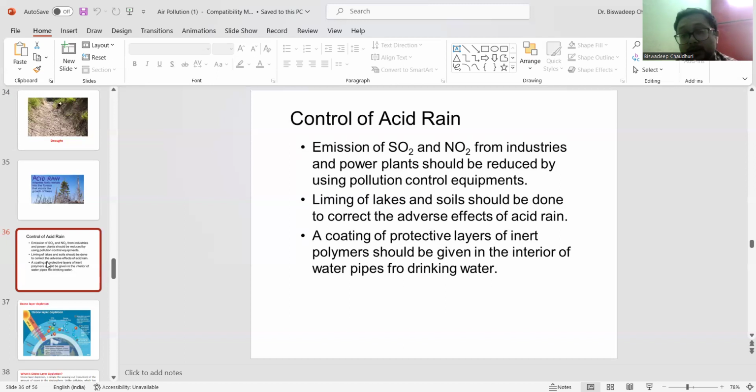So, in one line, we can conclude that acid rain is a dangerous phenomenon, where the rainwater coming down is acidic, and it is damaging the entire ecosystem, all living things. So we should control it by our awareness and by reducing the use of fossil fuel.